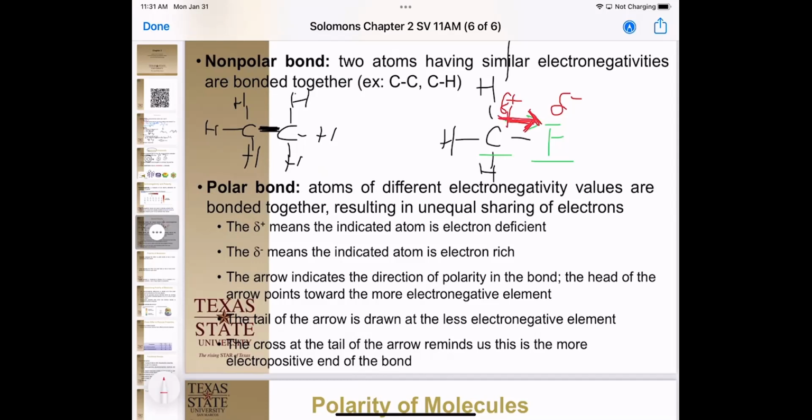So whenever we have that direction, the positive side is the atom with the lower electronegativity. The arrow points to the atom with the higher electronegativity. If we do this always, then we can say, oh, that bond's polar. But what else is it going to tell us? That molecule might be polar if we add up all of those polar bonds to see where it goes.